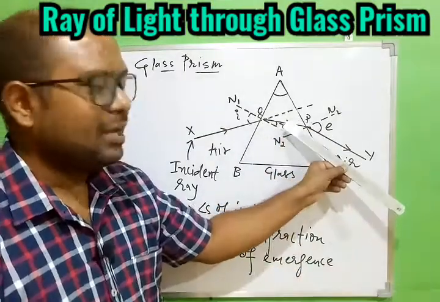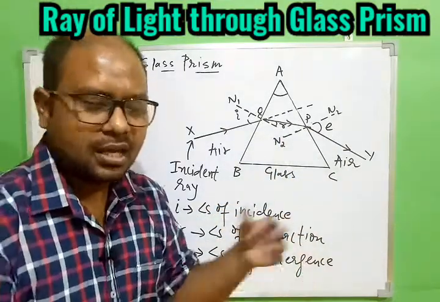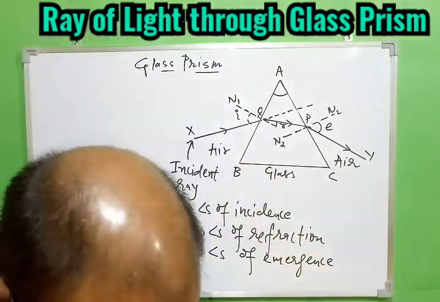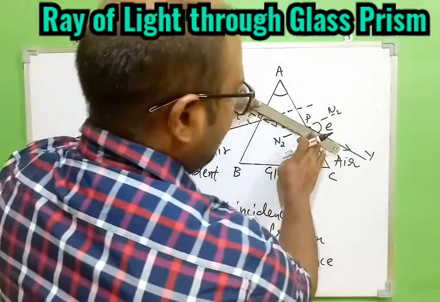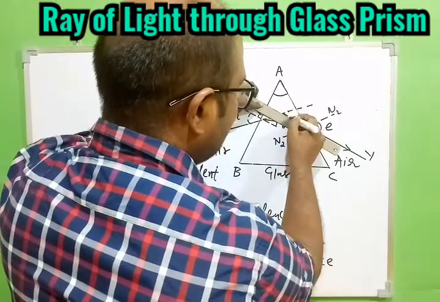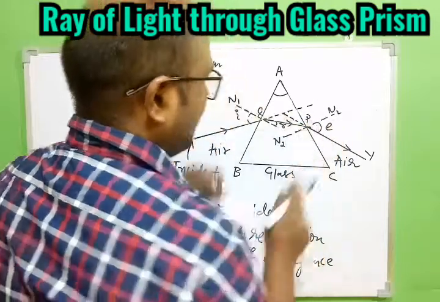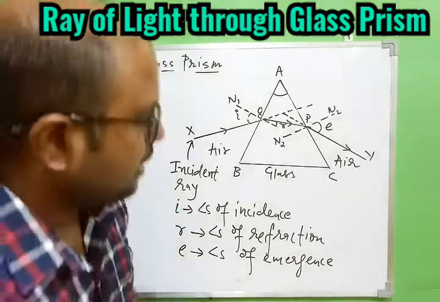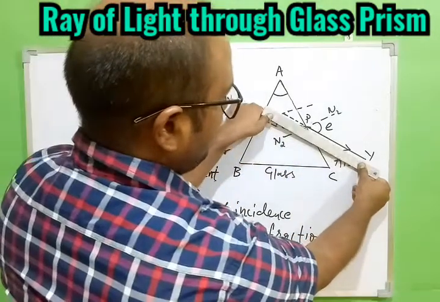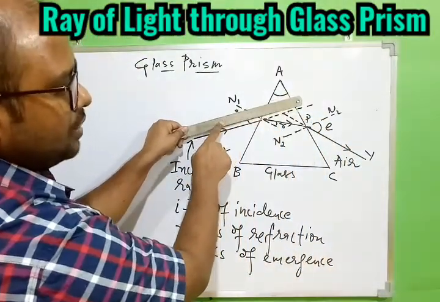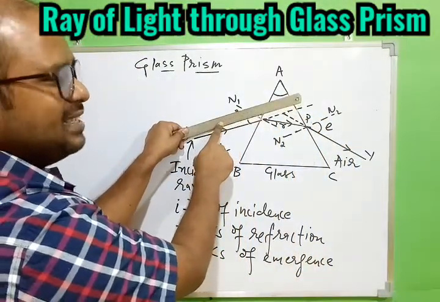So this is the final ray which is coming out after deviation from the glass prism, and we can say here that the same ray is making some angle with the initial path of the ray. So I hope you are able to understand, that is the same emergent ray is making angle with the initial path of the light, that is with the incident ray.